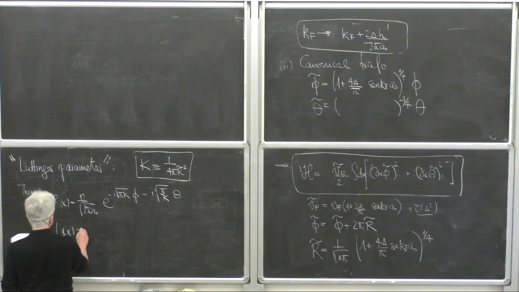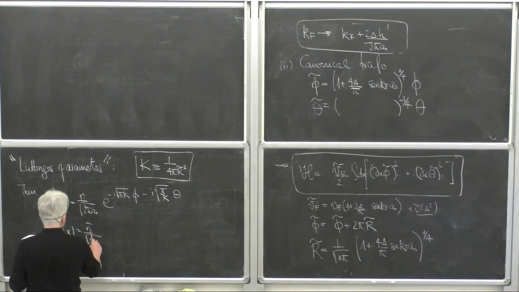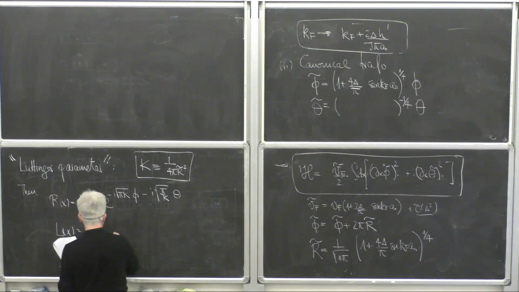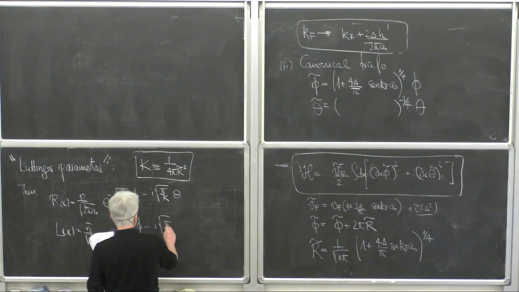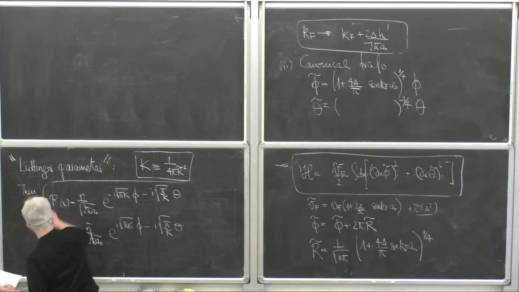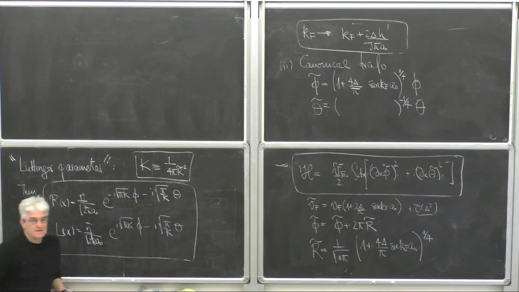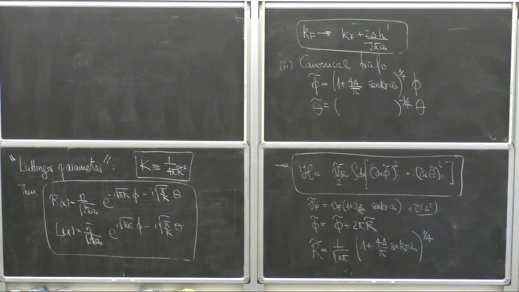The left mover is eta bar over square root 2 pi a naught, e to the i square root pi K phi minus i square root pi over K theta. This is basically what we spend all the time doing to obtain these formulas. Because now in practice, if you have some interacting spin model or interacting fermion model, you just use these identities to map it to some compact boson with some perturbation.